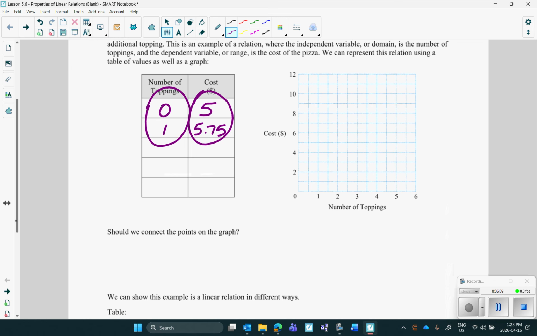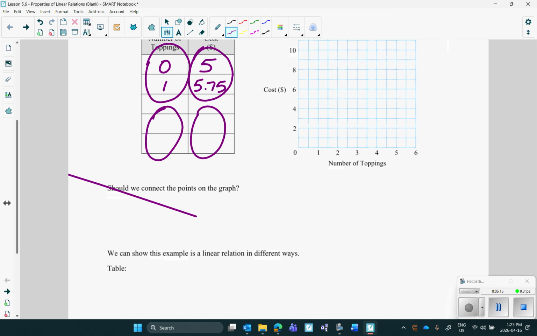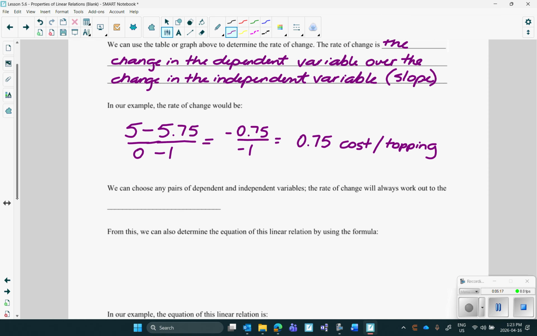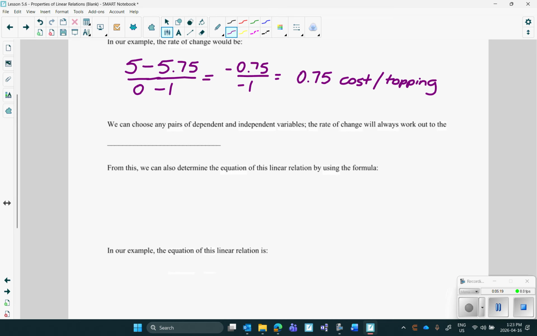We could have picked the pair down here. We will still get the exact same answer. So we can choose any pair, and it will always work out to 0.75 per topping. Actually, I could write it like that too. Instead of writing cost, I'll just put money with 0.75.